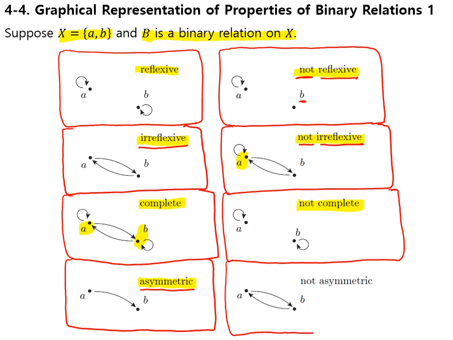In contrast, if you look at the picture on the right, we can see that A is related to B, but B is also related to A. But in order for a relation to be asymmetric, if A is related to B, B should not be related to A, or if B is related to A, A should not be related to B. But since they're related to each other, this means that the relation is not asymmetric.